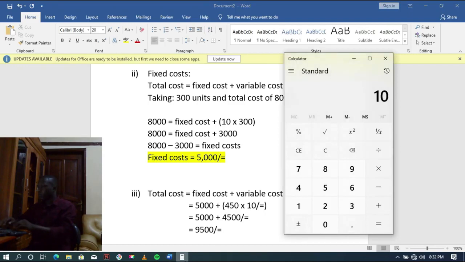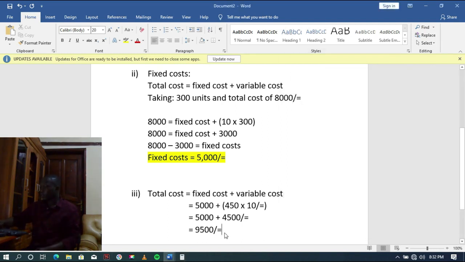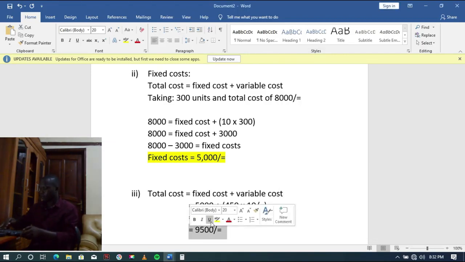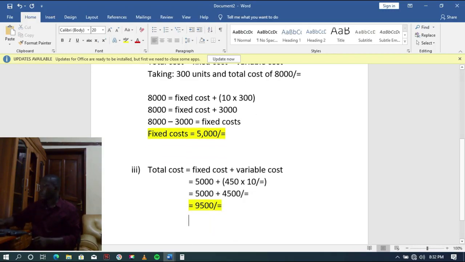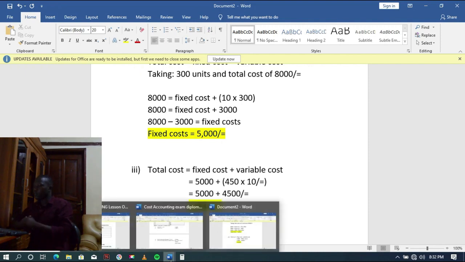So here we go. From our total cost function, which is given as fixed cost plus variable cost, our total fixed cost will be 5,000.